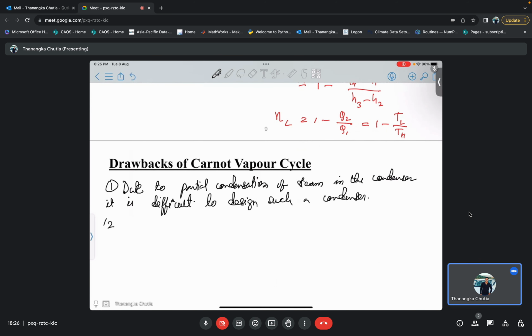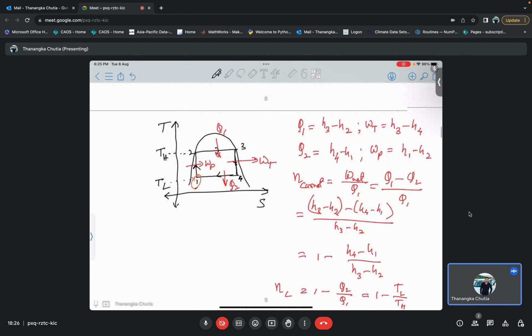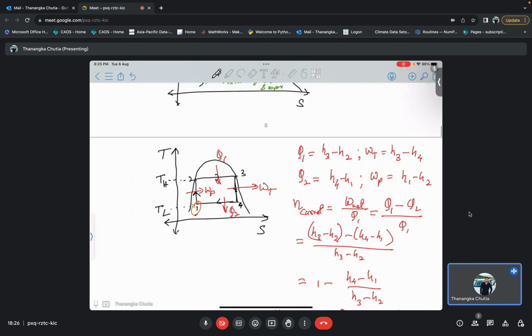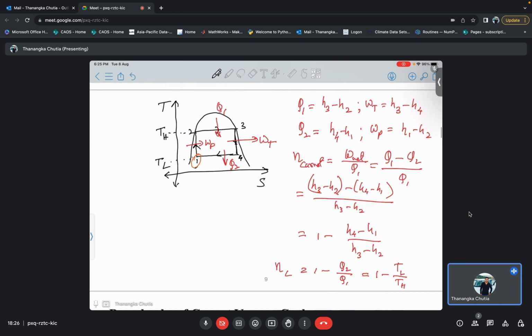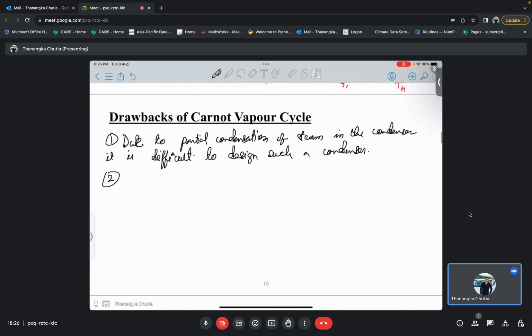Now the other thing: suppose by some process you have made it stop here. Now this mixture of vapor and liquid cannot be pumped to a high pressure by means of a pump.